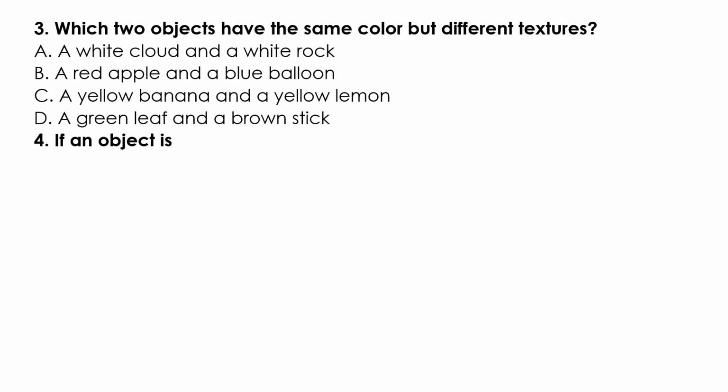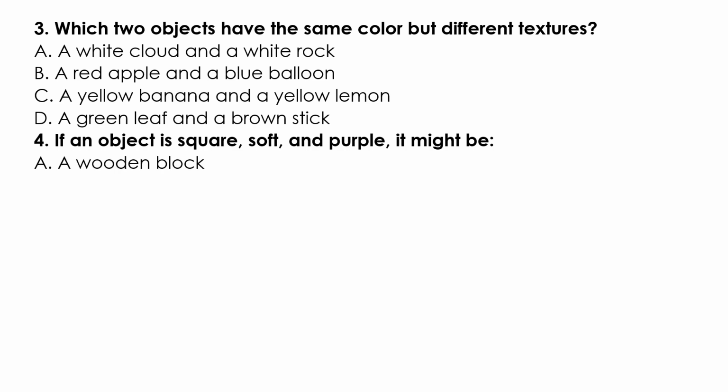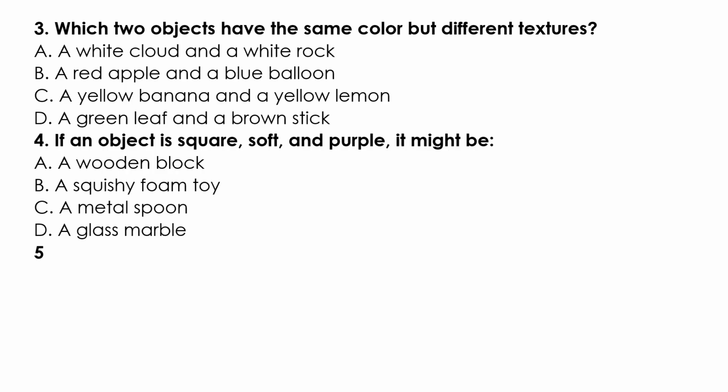If an object is square, soft, and purple, it might be A, a wooden block. B, a squishy foam toy. C, a metal spoon. D, a glass marble.